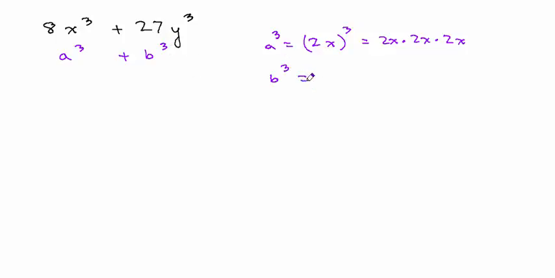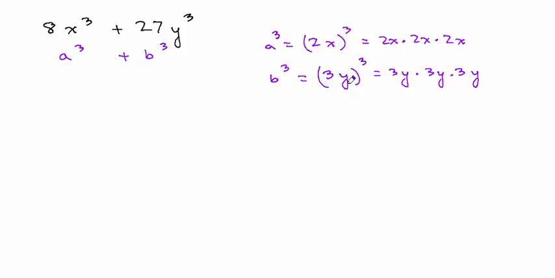So what's b? Now, 27 is nothing but 3 cubed. Therefore, if you take 3y and cube that, meaning 3y multiplied with itself 3 times, cubing a number means multiplying it by itself 3 times. 3 times 3 times 3 is 27, and y times y times y is y cubed.